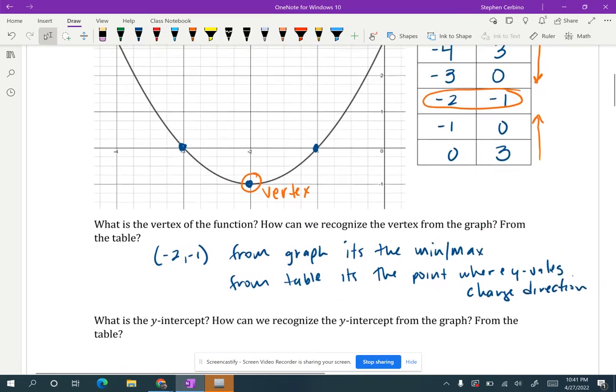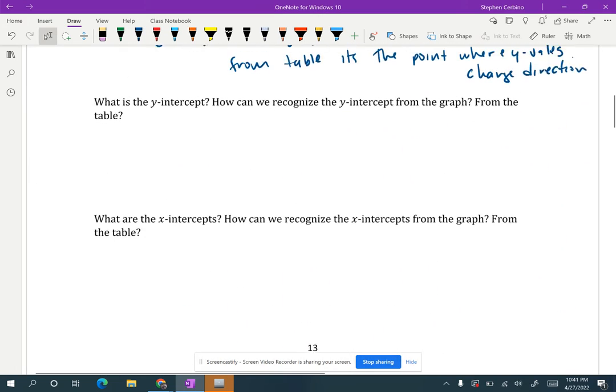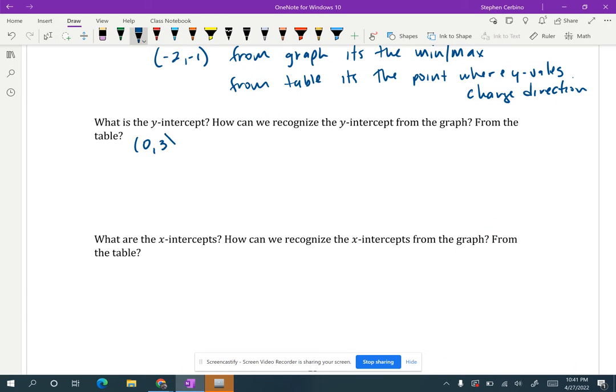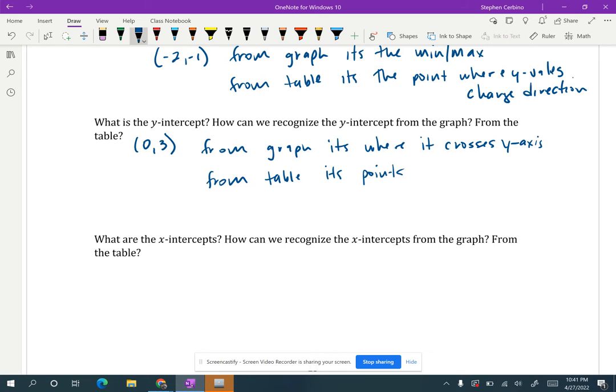Okay, what's the y-intercept? Well, that's (0, 3). From the graph, it's where it crosses the y-axis. From the table, it's the point with an x value of 0.